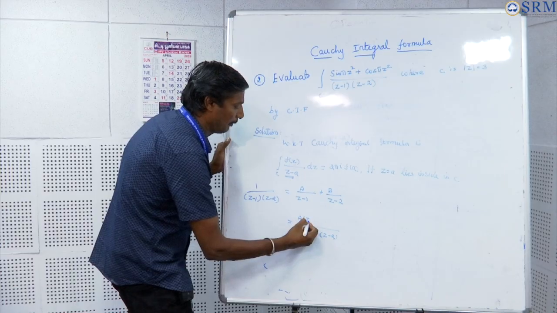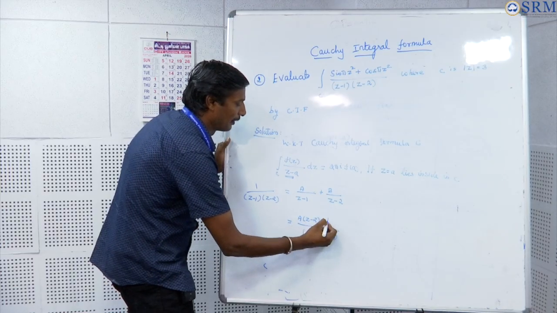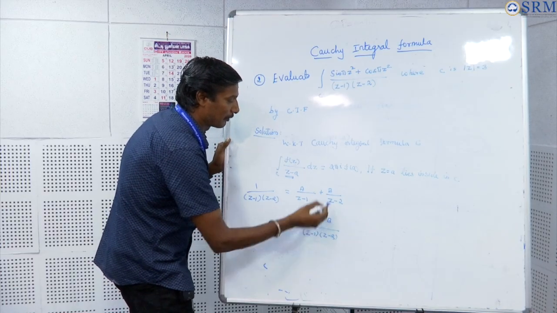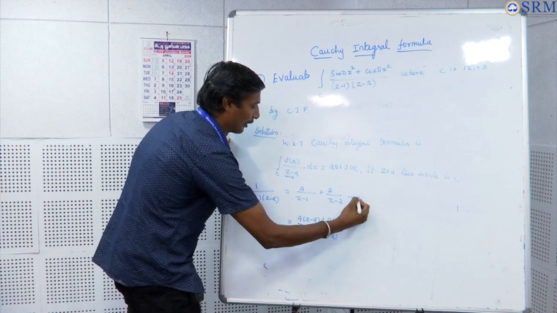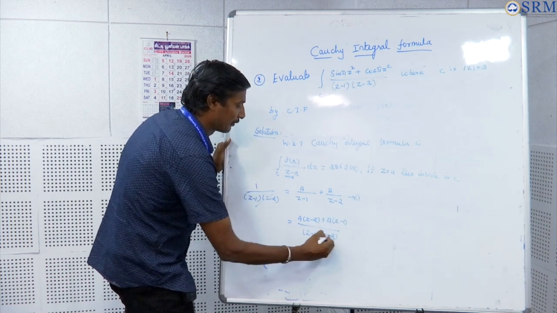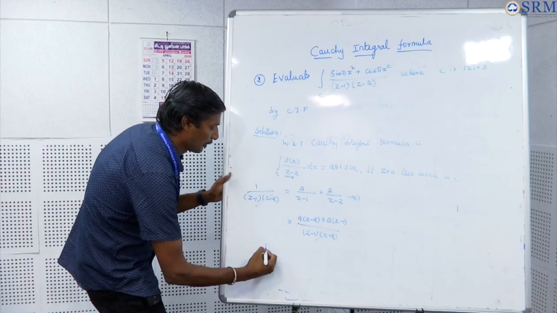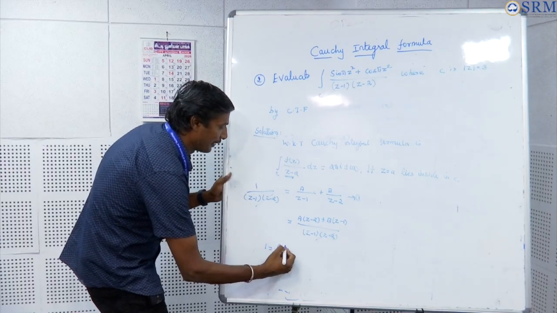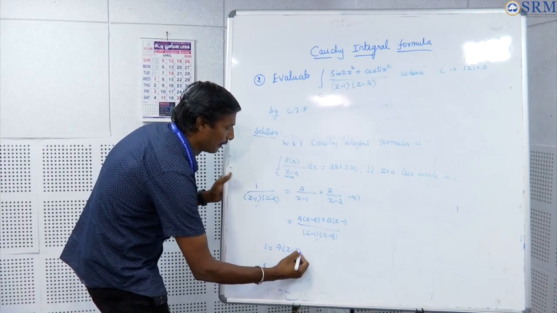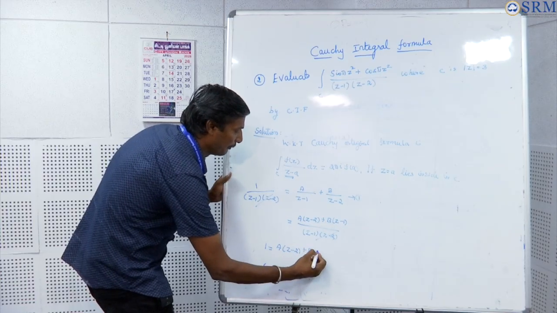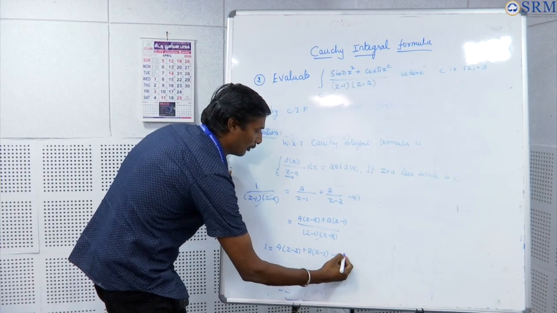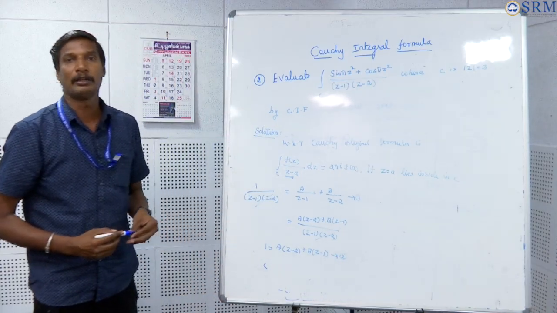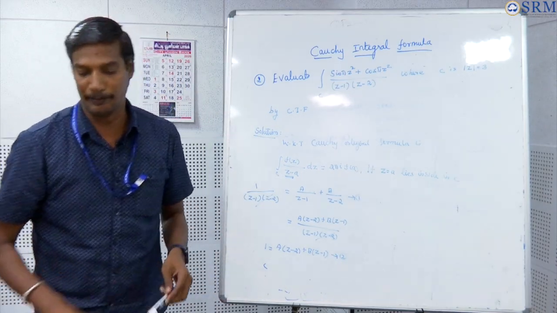So A into Z minus 2 plus B into Z minus 1. Take this equation number 1. So this denominator and this denominator cancel. So only the numerator: 1 is equal to A into Z minus 2 plus B into Z minus 1. Take this equation number 2.